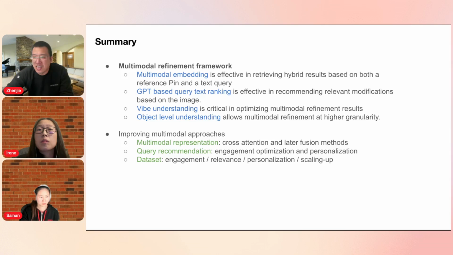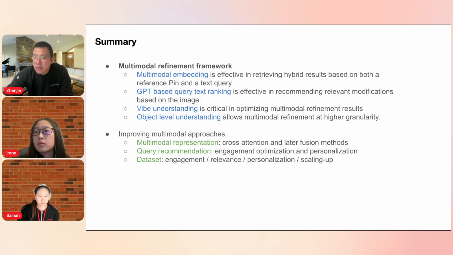and object understanding. In the next phase, we will be developing a much more advanced multimodal technology by leveraging the latest vision language models with cross-model attention and late fusion. And we are going to explore the conditional latent diffusion method that Eric Sun introduced in the last talk.